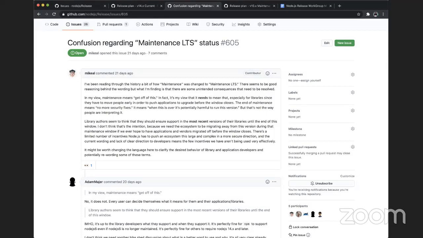We should push library authors to drop Node.js versions before they are out of LTS, as soon as they are in maintenance. Yeah, and I think that's where I'm disagreeing with Michael, because there's a lot of people for whom maintenance is the point where they would feel the most comfortable with the LTS release.